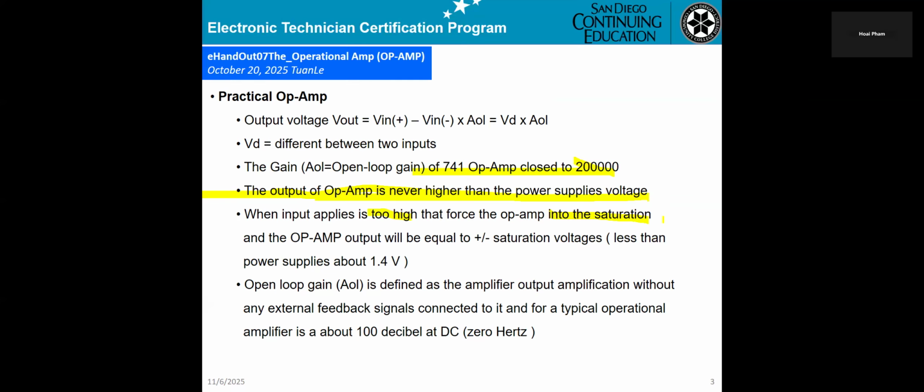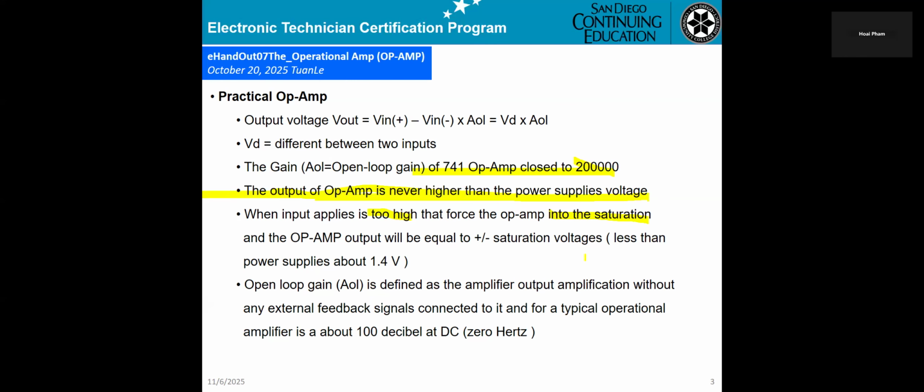And the op amp output will be equal to plus or minus the saturation voltage. The saturation voltage will always be less than the power supply by about 1.4 volt. So that will be safer when working with the op amp. If you increase the input voltage too high, the output cannot be amplified anymore, there will be saturation.